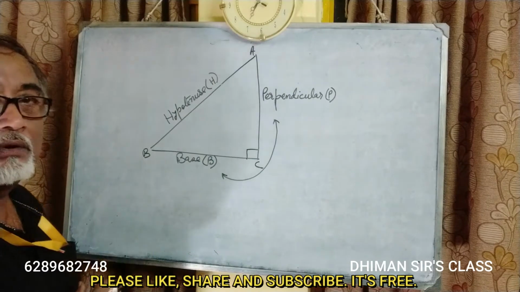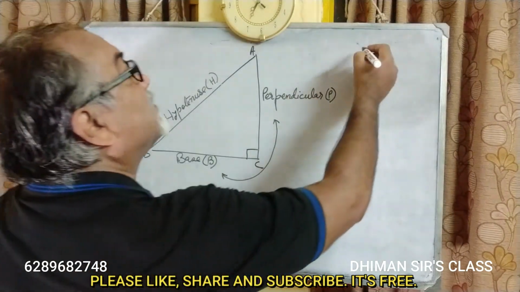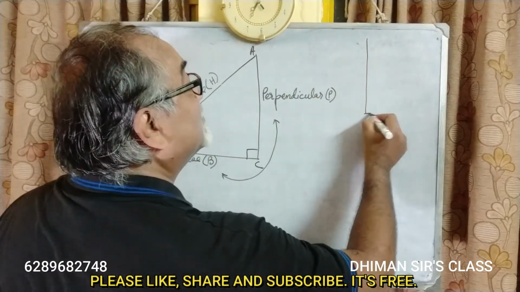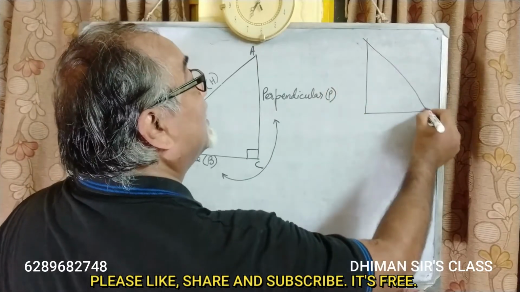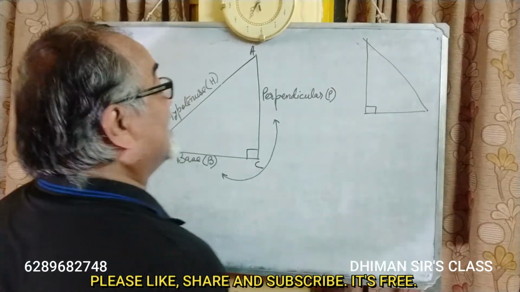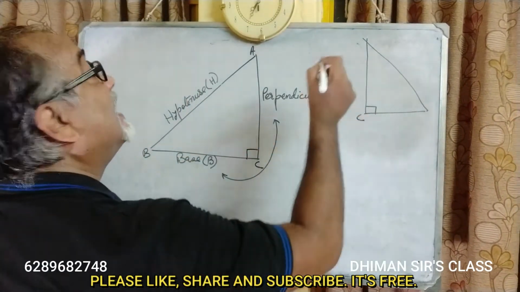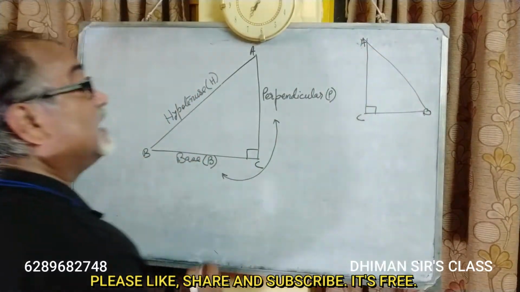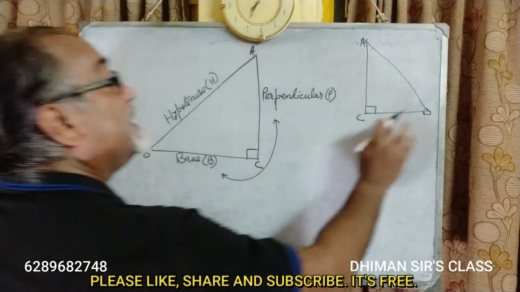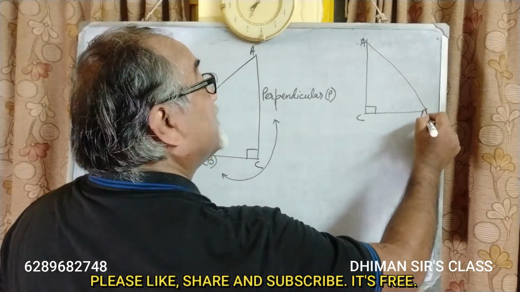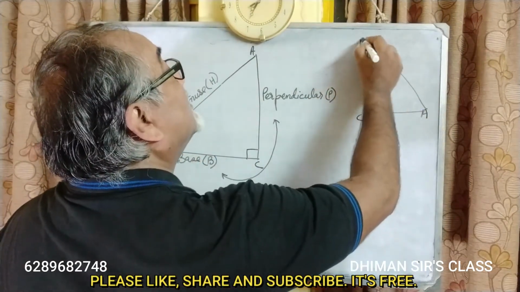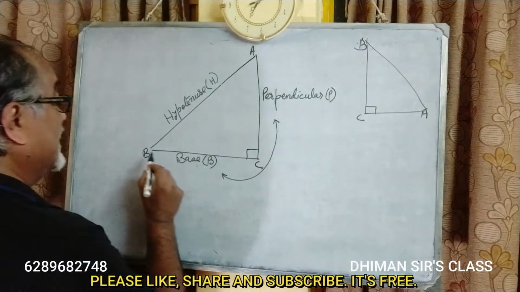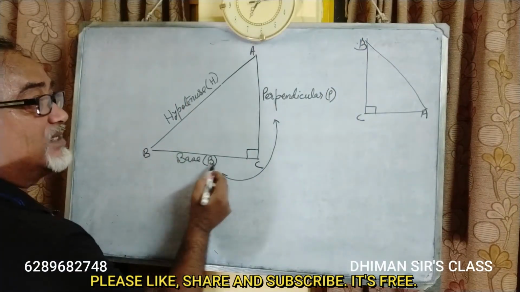Whatever direction you turn the triangle, suppose the triangle is like this, it is right angled at C, and suppose this is A and this is B. Now see, the base was BC in the earlier triangle.